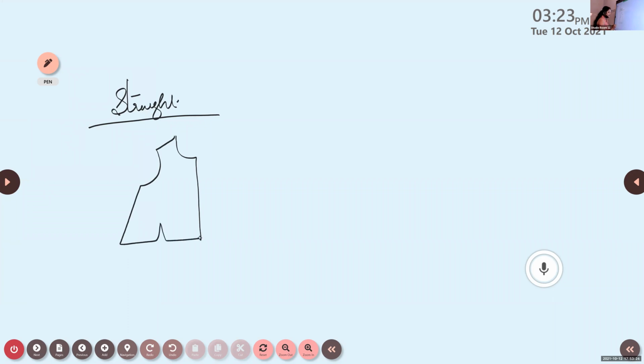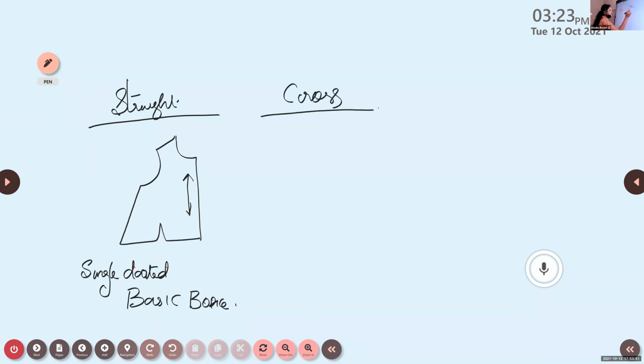this is a single darted basic bodice. If the grain line is straight, then it will be marked like this. If it is cross, the grain line will be like this.